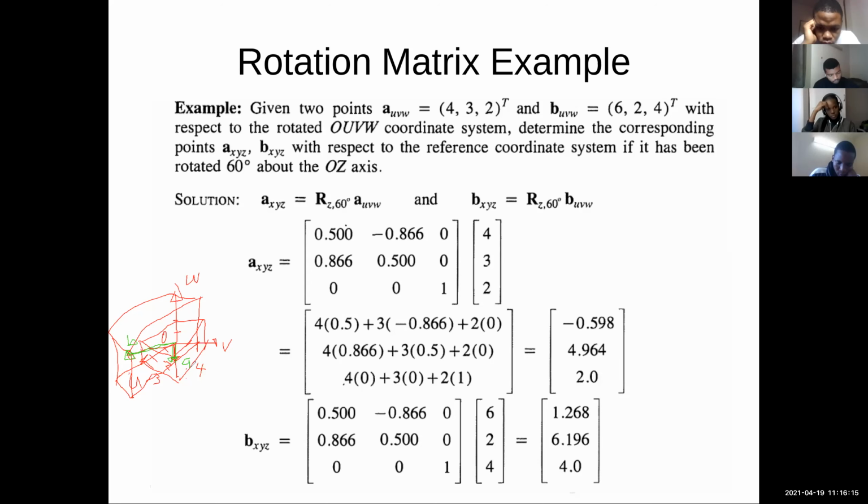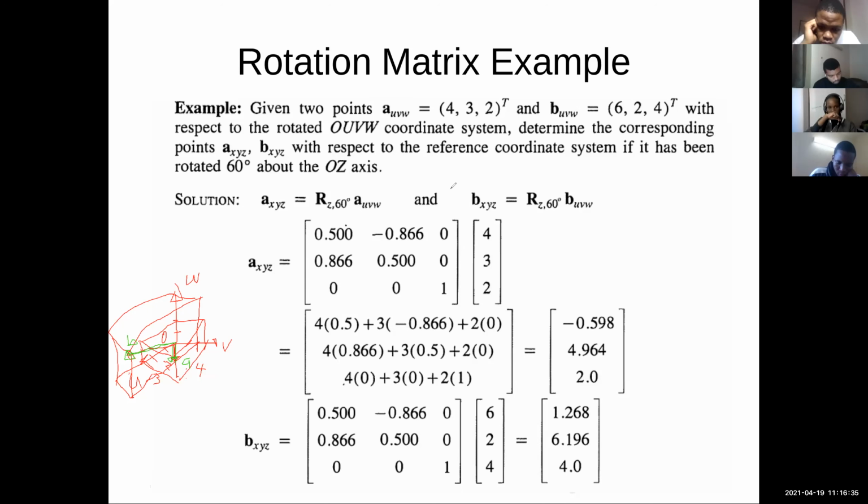Okay, so now the question is, we are going to determine the coordinates, the corresponding points A of x, y, and z, and B of x, y, and z frame. That means we are now expressing the vectors in terms of the U, V, and W reference frame.